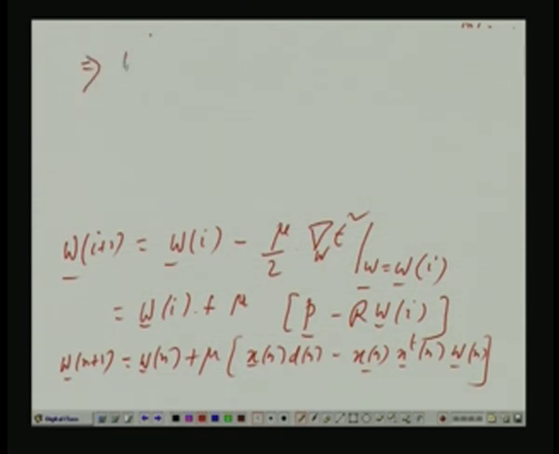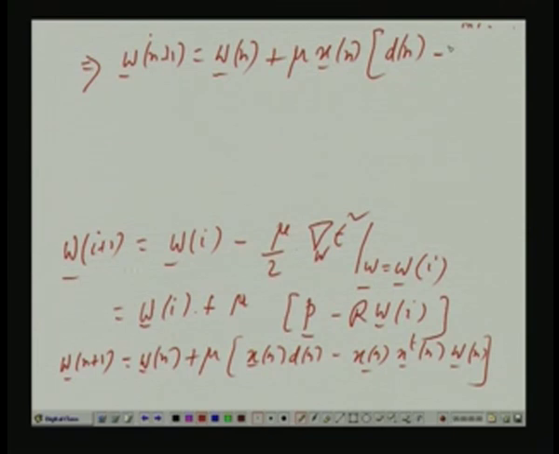That means w n plus 1 is w n plus mu x n, take common, d n minus x transpose n w n, and x transpose n w n is same as w transpose n x n, because A transpose B and B transpose A are same. You can also write this as w transpose n x n.